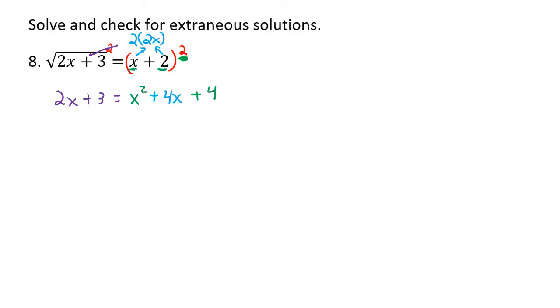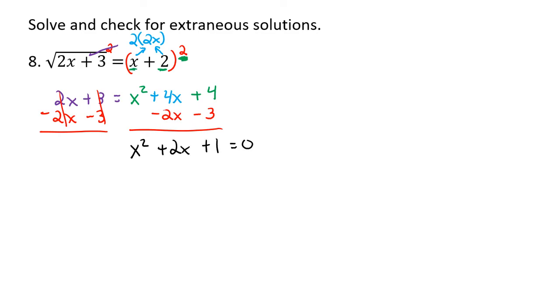Now we're going to move everything to the same side so we can factor. So I'm going to minus the 2x over to where the 4x is. I'm going to minus the 3 over to where the 4 is. These are going to subtract away. So we're going to have x squared plus 2x plus 1 equals 0.